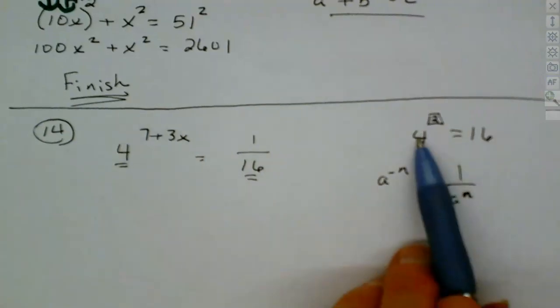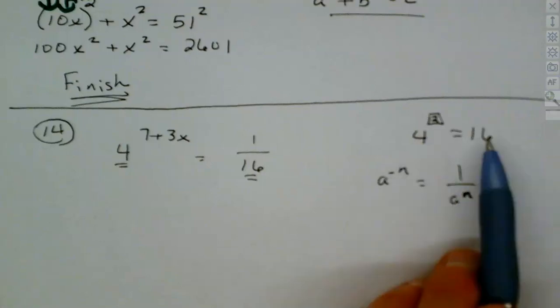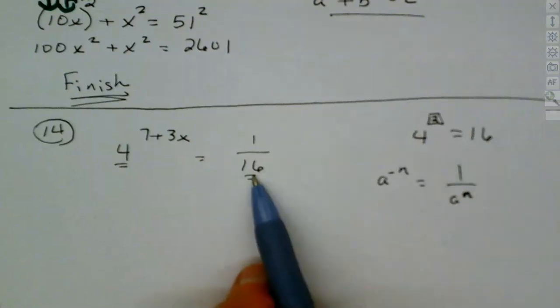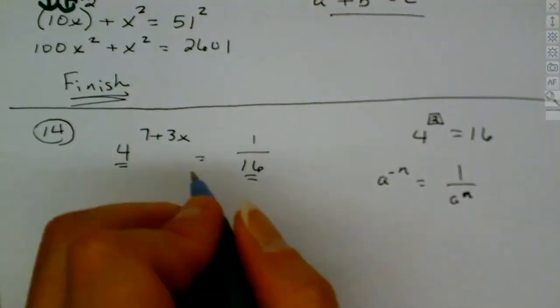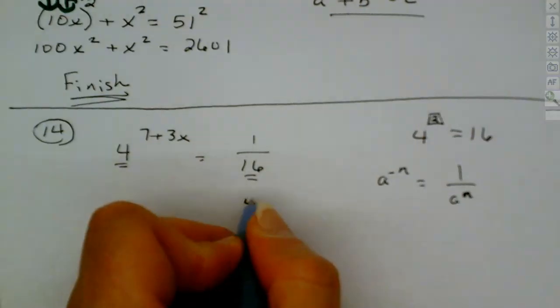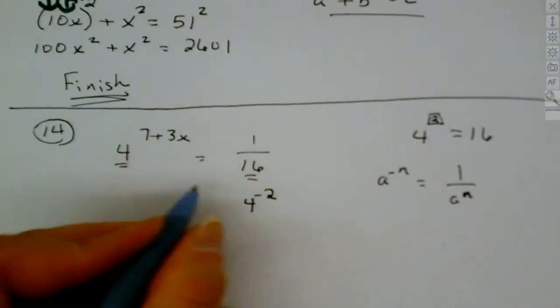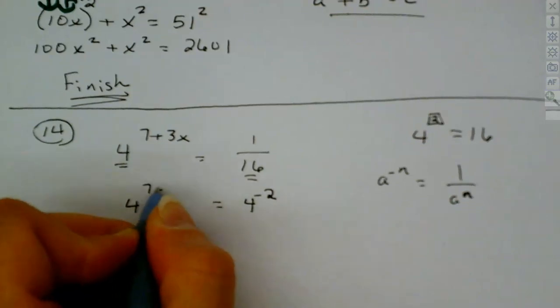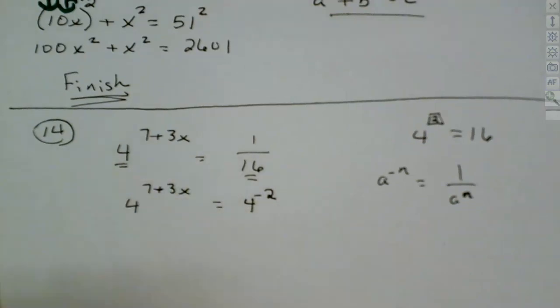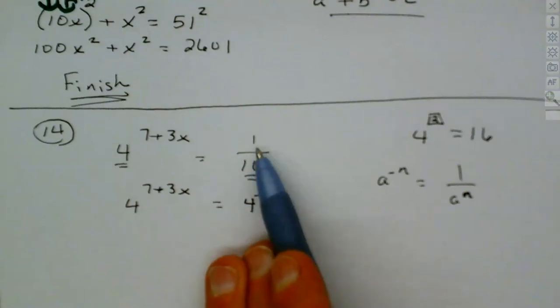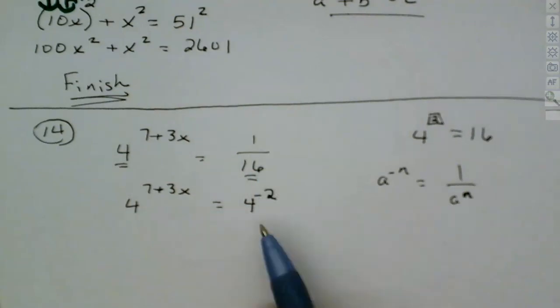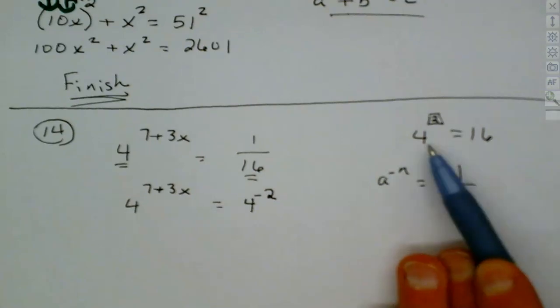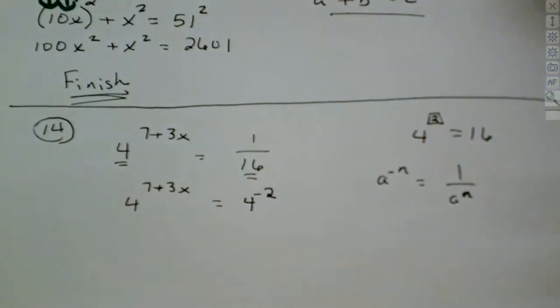So we know that 4 squared is what? 16. Now, I can flip this over by rewriting it. So when I rewrite this, it's going to be 4 to the negative second power. Why is it 4 to the negative second power? Because I can flip this fraction over, right? And then we know that 4 squared is what? 16. Is everyone okay with that?